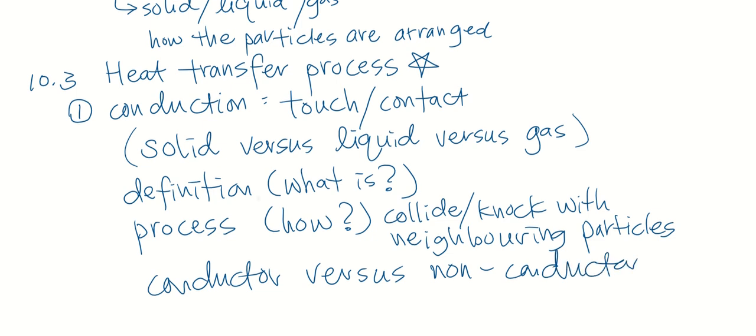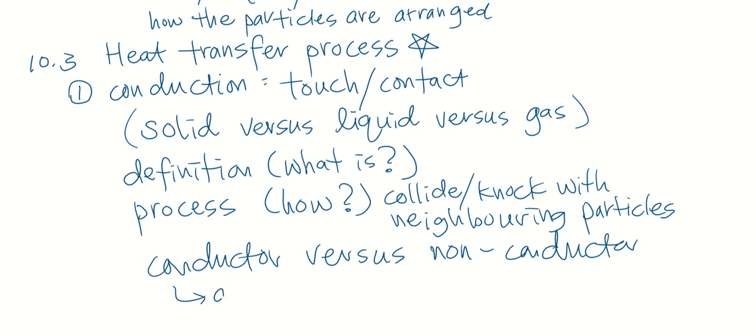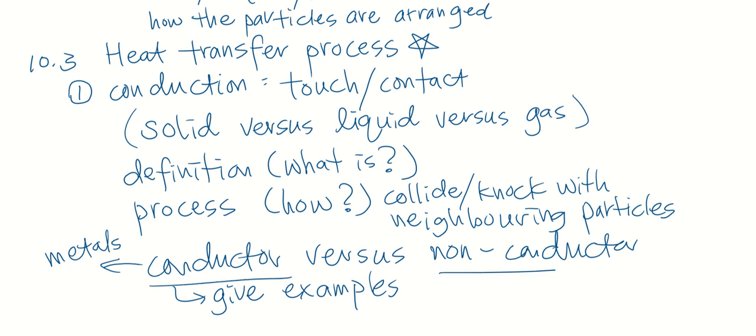And we also need to give examples. So basically, conductors are metals. Okay, to group them loosely, the non-conductor will be non-metals.